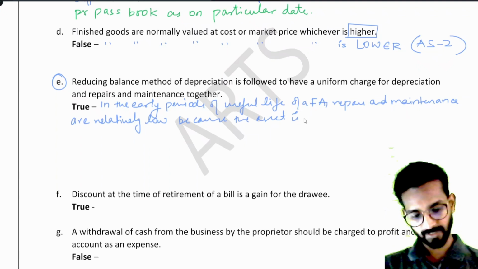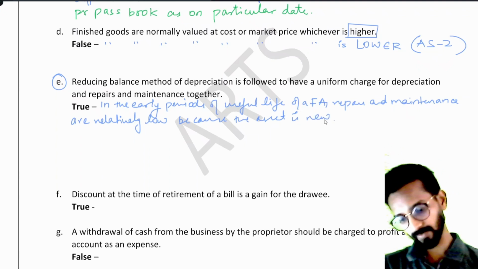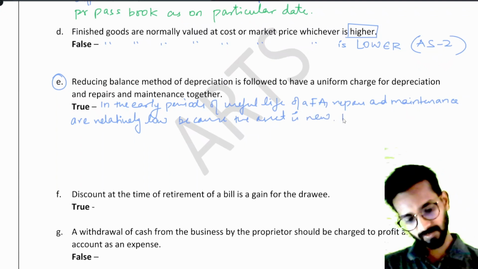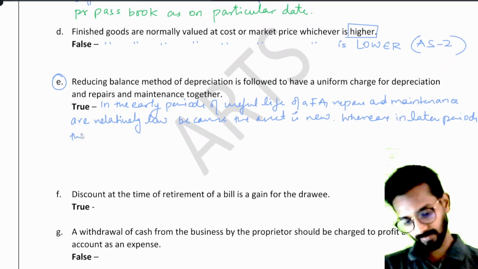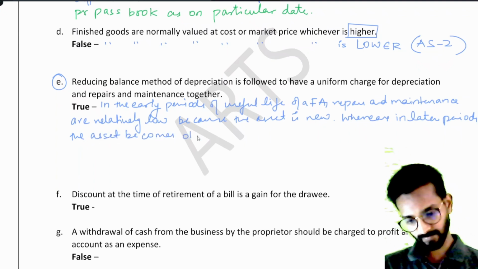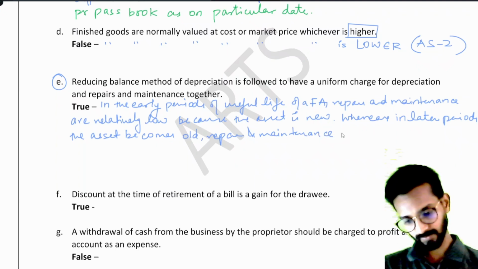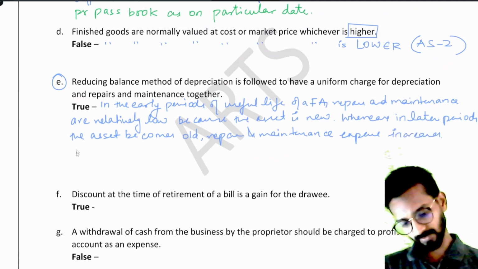Obviously, the asset is new, so in the starting period there will be very little expense on repairs, whereas in later periods, the asset becomes old and repairs and maintenance expense increases continuously.